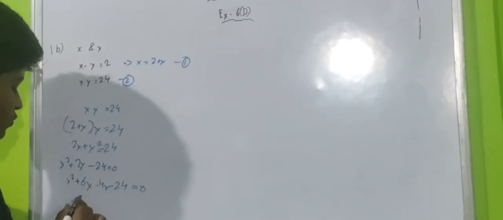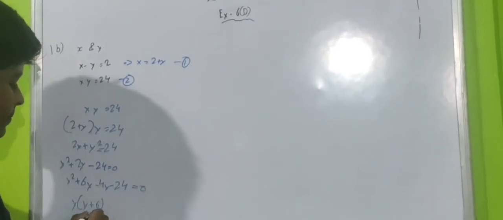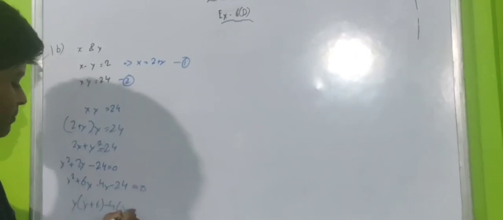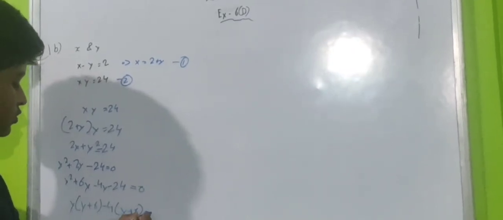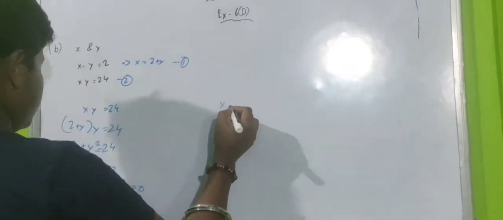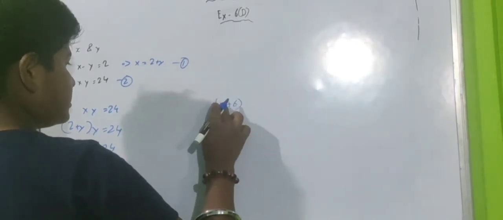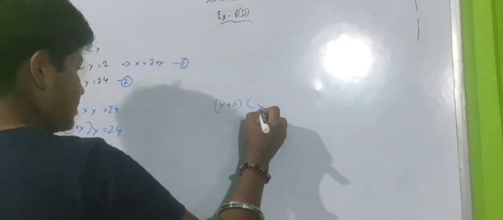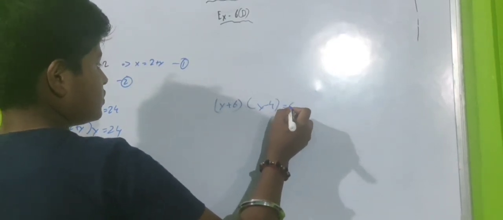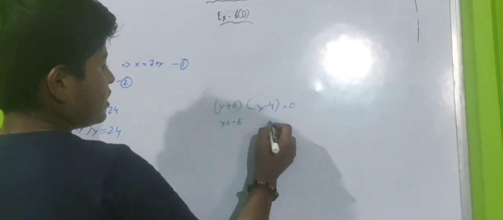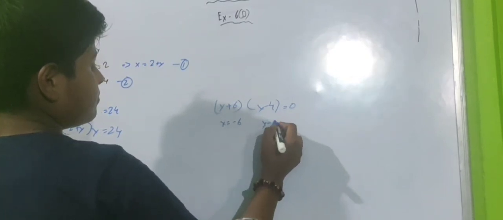Now group it, you will get y plus 6 into y minus 4 is equal to 0. So you get two factors, that is y plus 6 and y minus 4. So y is equal to minus 6, y is equal to plus 4.